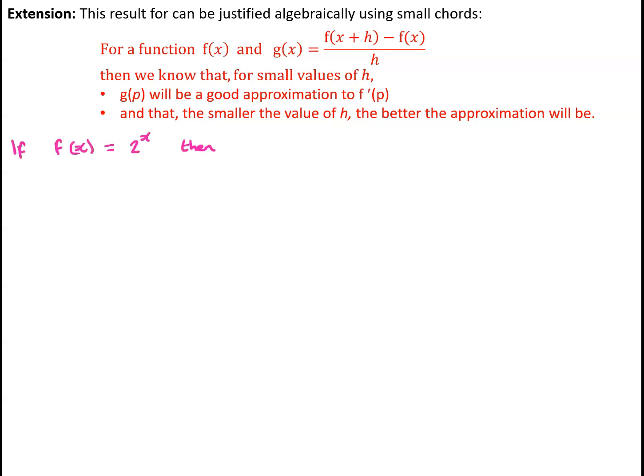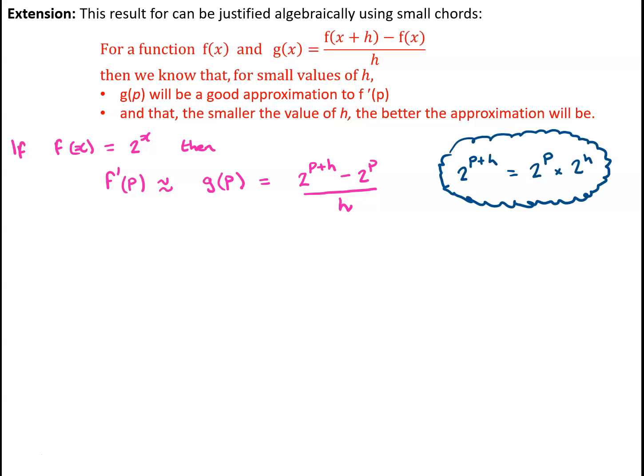So, if f of x is 2 to the power x, then f dash p is very, very close to the value of g of p, which is 2 to the p plus h, that's f of p plus h, minus f of p, which is 2 to the p, all divided by h.